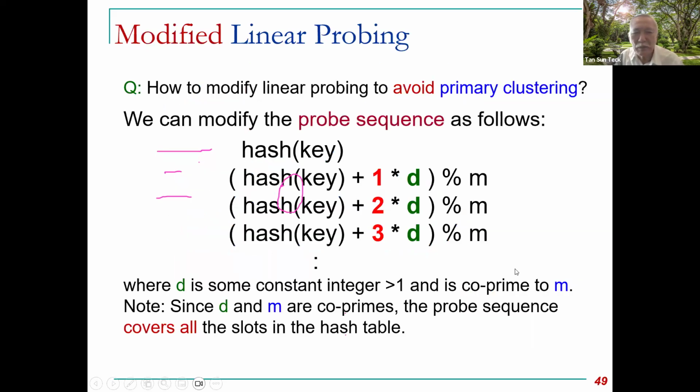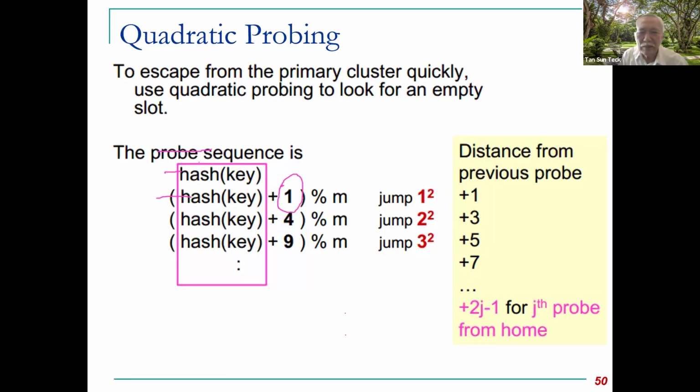Instead of just multiplying the same constant by 1, 2, 3, which still clusters along the path of the gap that we create, we jump not by 1 times D, 2 times D, 3 times D, but with a gap of 1 squared, 2 squared, 3 squared. So there is no constant gap between two keys that have the same home address. This is what we call quadratic probing.